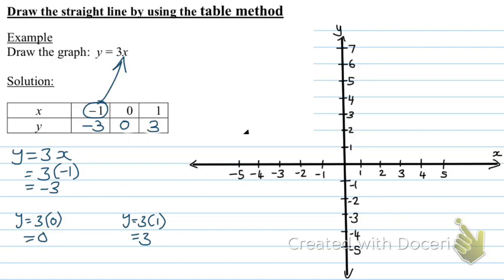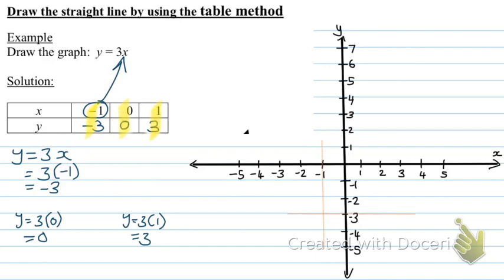Now, each of these in the table form a coordinate. So it's going to be -1, -3. So I make a line in my imagination at -1 on the x-axis and at -3 on the y-axis. I make those lines.